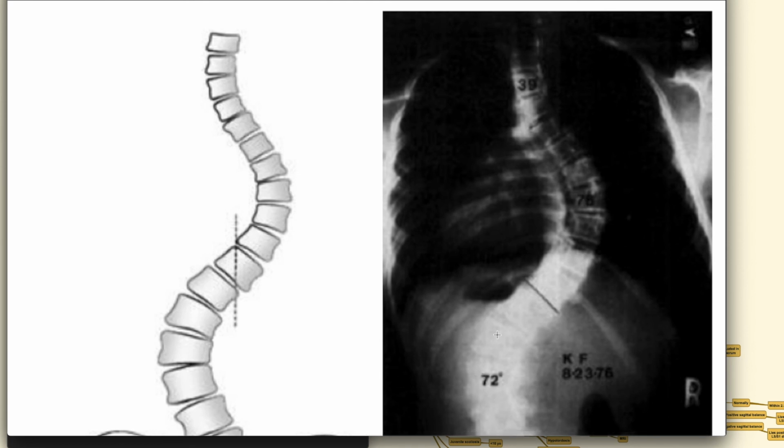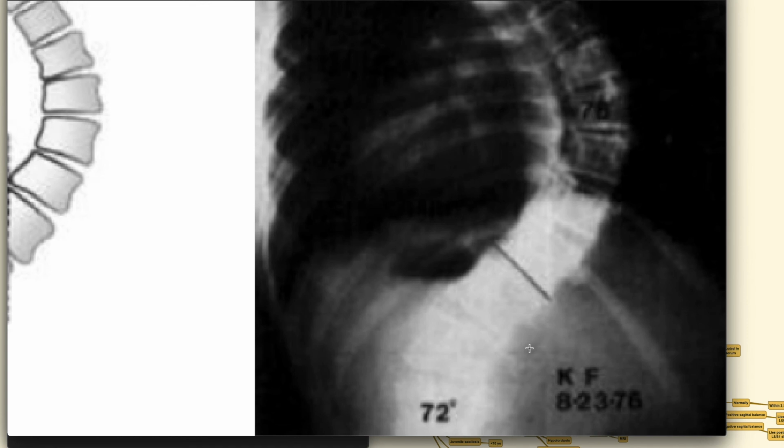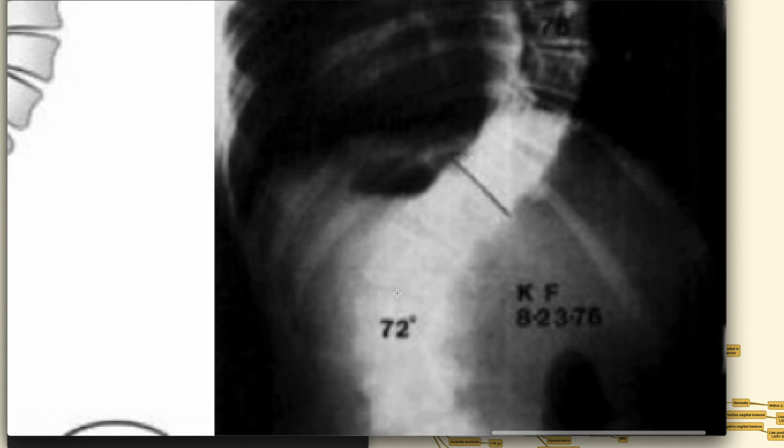So as the curve progresses to the right, you could see that this angle here is slightly narrower at the right side and opens up at the left side. But when it reaches this structural curve, this angle becomes equal. You could see here that on the left side and the right side, both discs have the same height. Once again, as this curve turns around to the right side, you could see that this space opens up at the left side and becomes narrow at the right side.